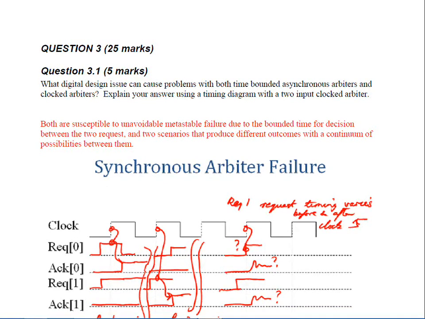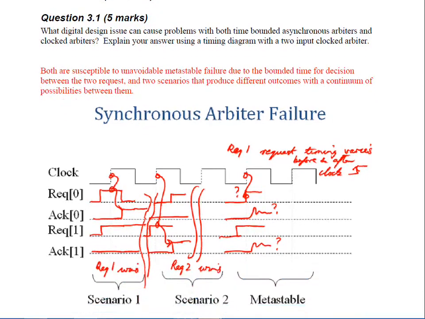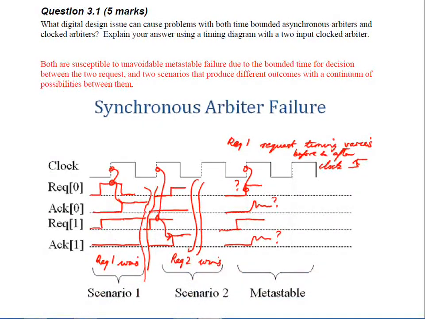So this is the synchronous arbiter failure. We went through that in lectures. I don't think we need to do that again, but just briefly, there are 2 scenarios that have 2 different outcomes. Request 0 wins in scenario 1 and request 1 wins in scenario 2.